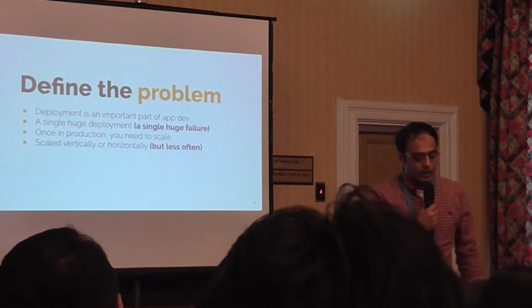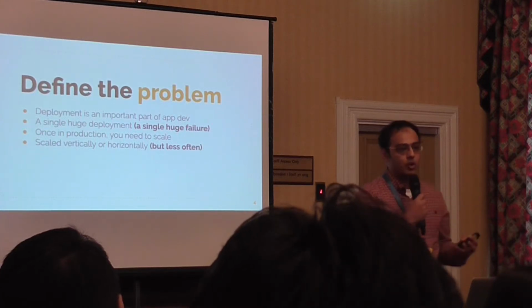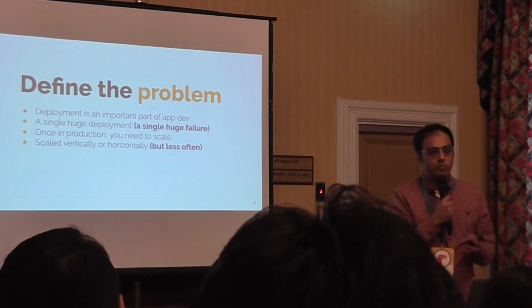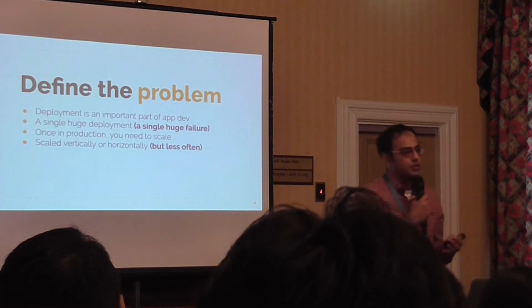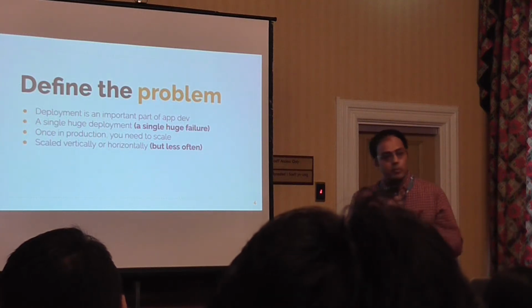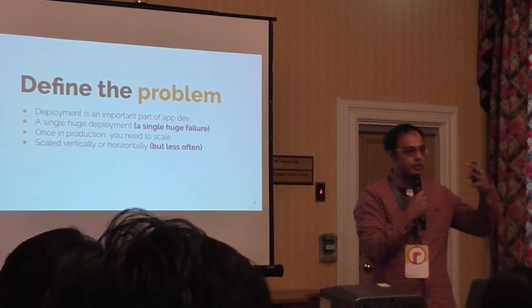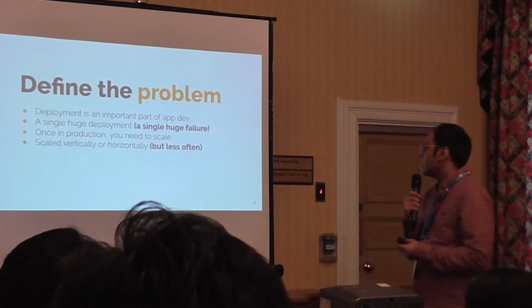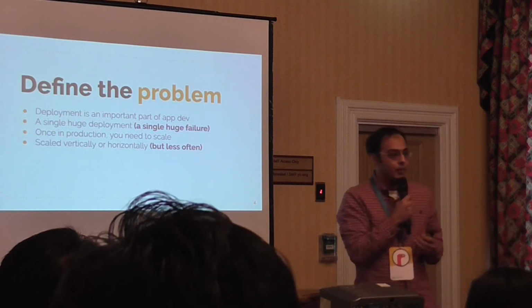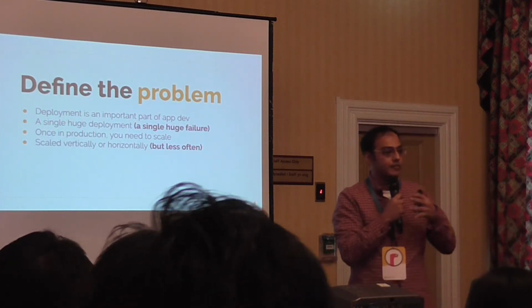So we all build applications, and we build awesome applications, and one of the most important parts of applications is deploying them. Normally when we're building applications, let's say we're making a monolith, we'll take it, put it on the server, and then deploy it. One thing we have to think about is the failure in deployment.